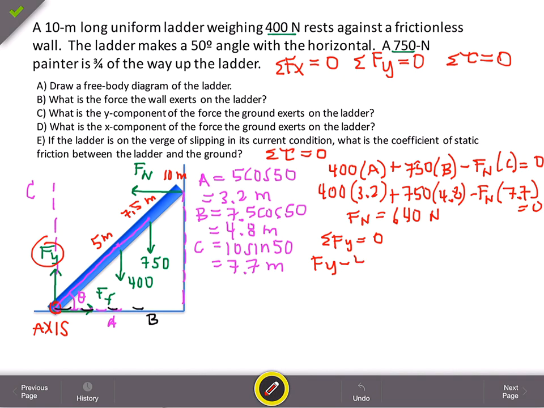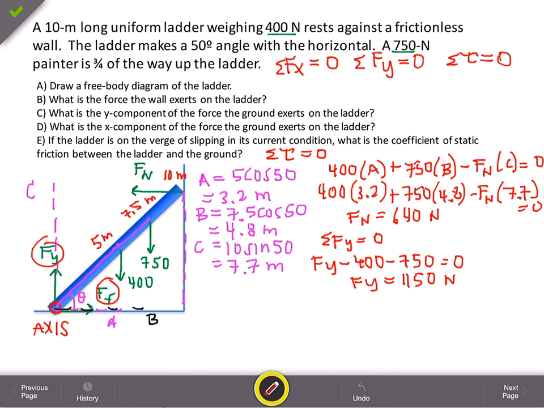I have 400, I have 750, both pointing down. This ladder is not moving up and down. Therefore, that y component of the force that the ground exerts back on the ladder is 1,150 newtons.